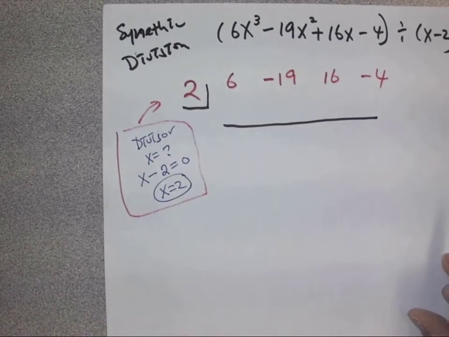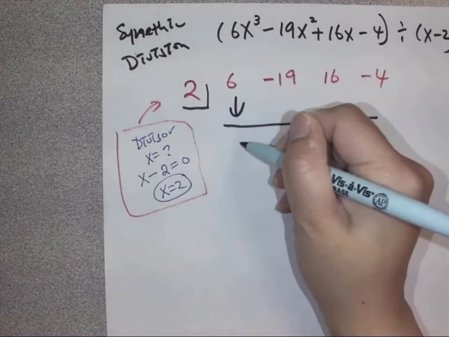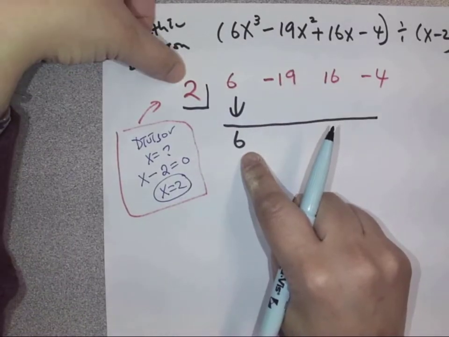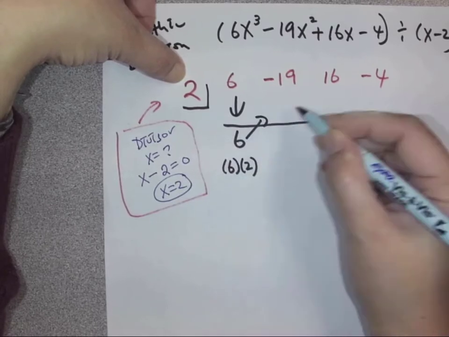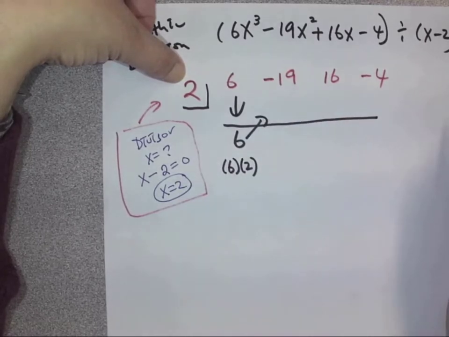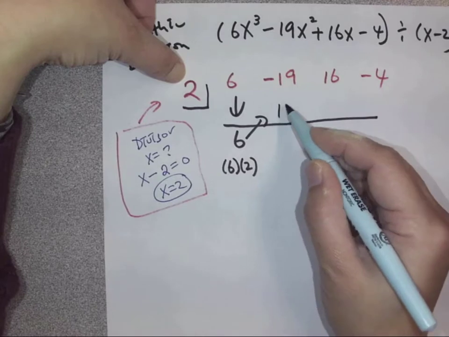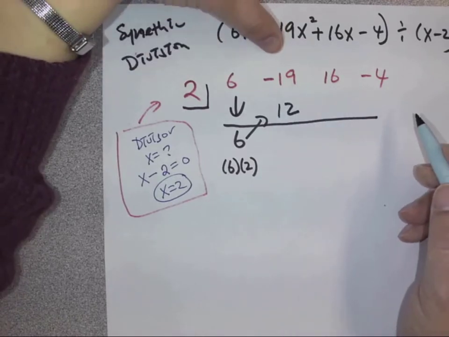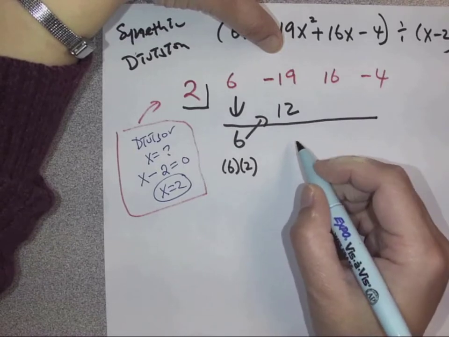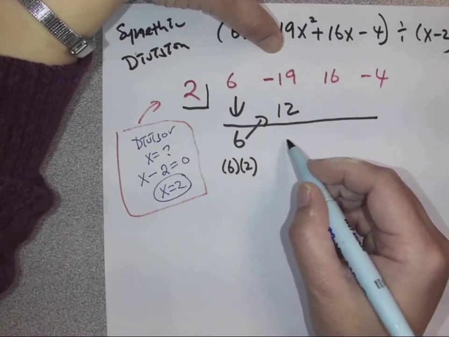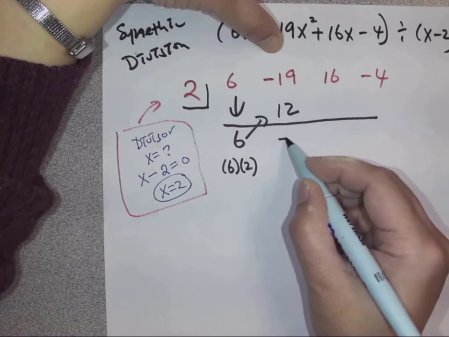Okay? Alright, so first we need to bring down the 6 and then multiply these two together, right? So 6 times 2 is positive or negative? Positive 12. And then combine these two numbers, what do we get? Negative 19 plus 12 is negative 7.